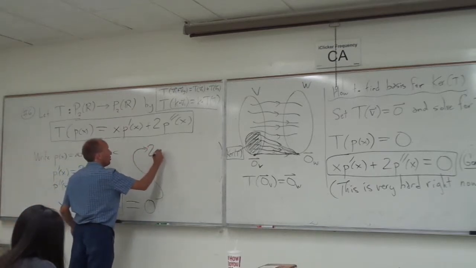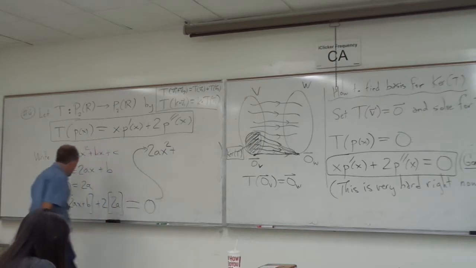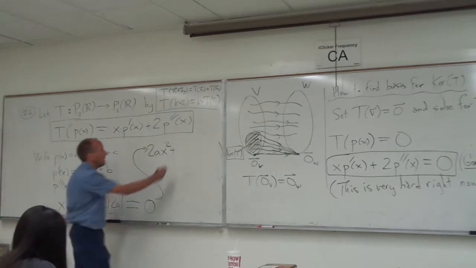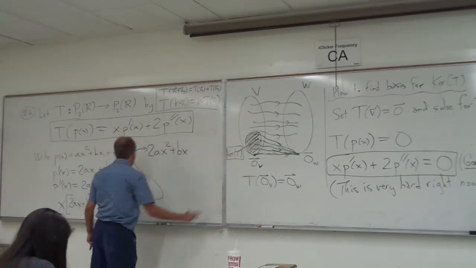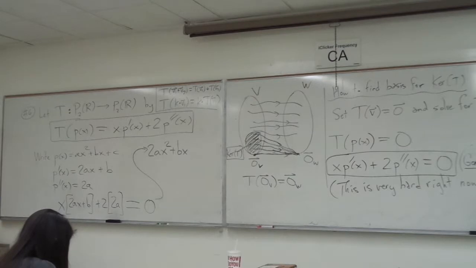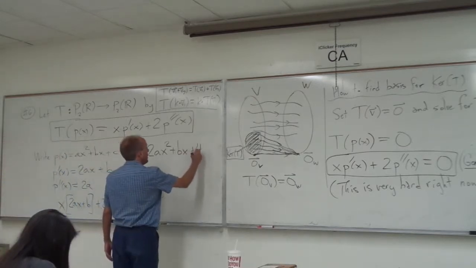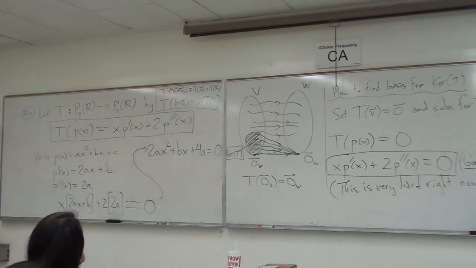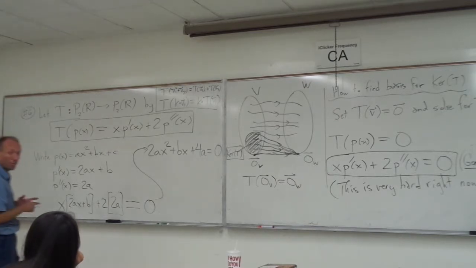So 2a x squared. What is the x coefficient going to be? Just b times x, right? So bx. And what is my constant coefficient going to be? 4a, right? All I did there, guys, is regroup the terms. I said, what's the x squared term, what's the x term, and what's the constant term? Are we with me?